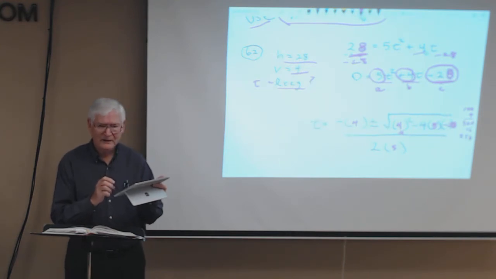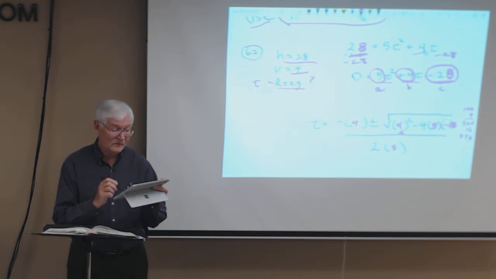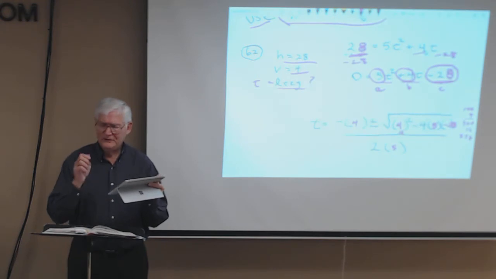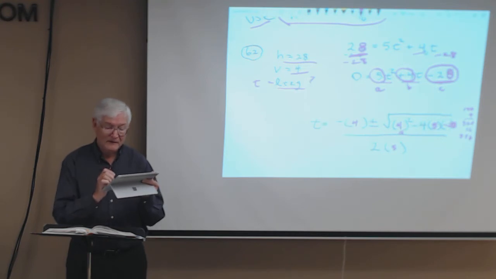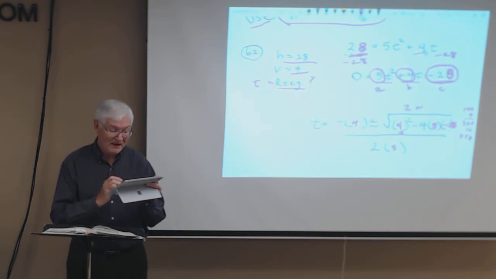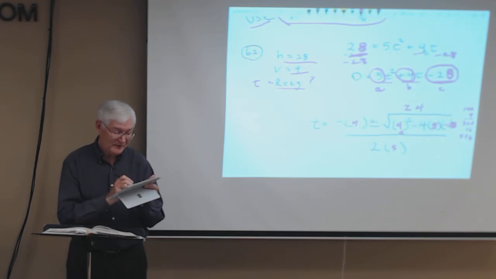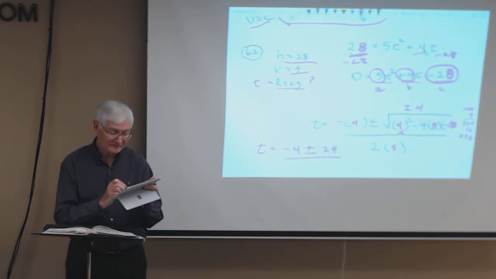Is that a perfect square? When you hit your square root button, does an even number come out with 576? What is it? 24. So now the time would be negative 4 plus or minus 24 divided by 10.